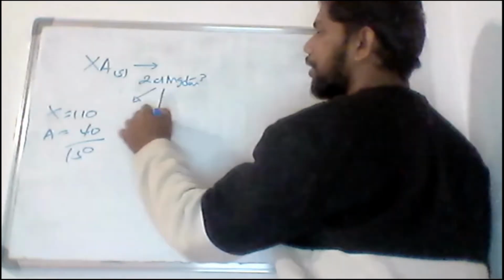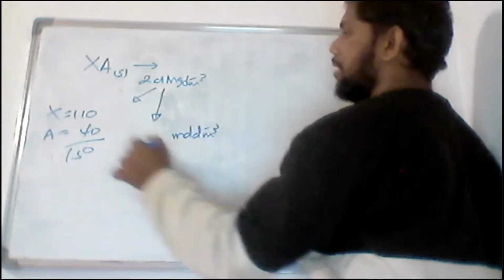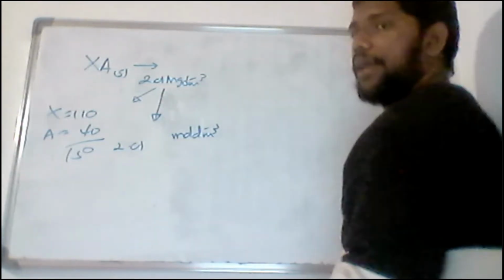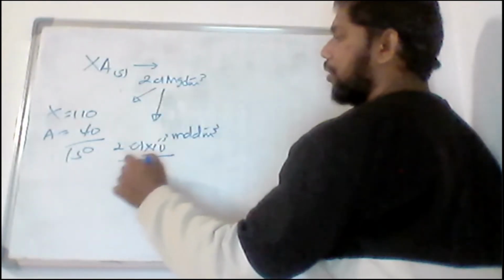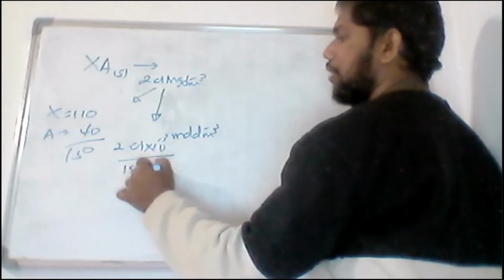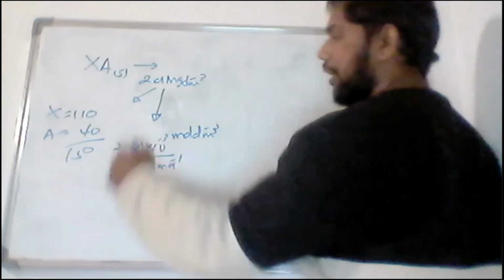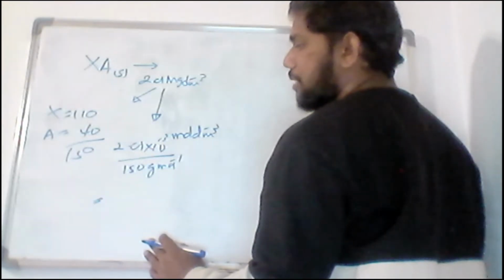So how to convert this to mol dm minus 3? You convert 2.01 milligrams to grams by 10 to the power minus 3, and divide it by the molecular weight, 150 grams per mole.